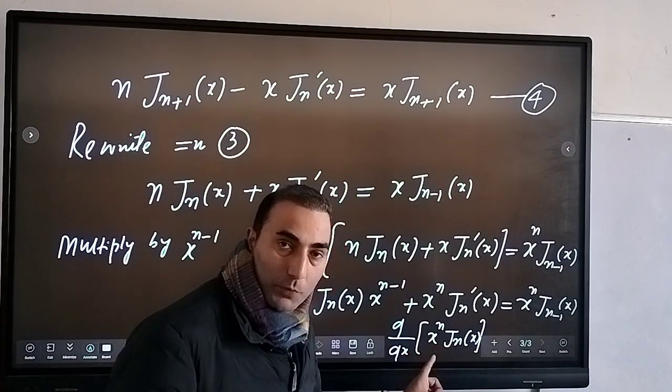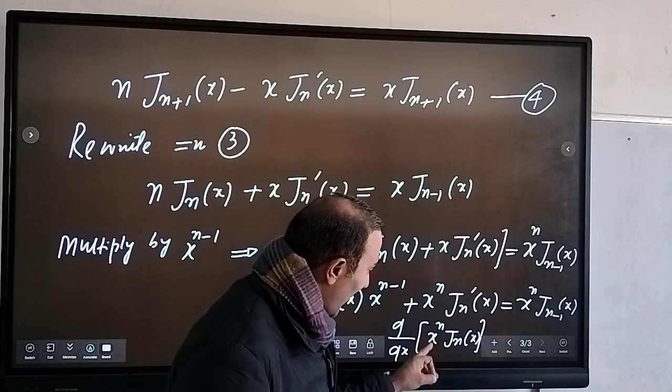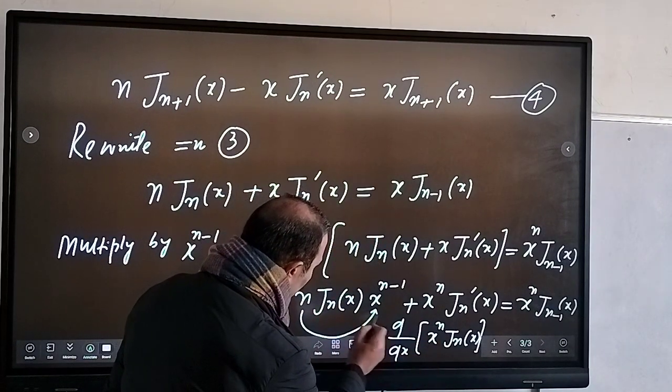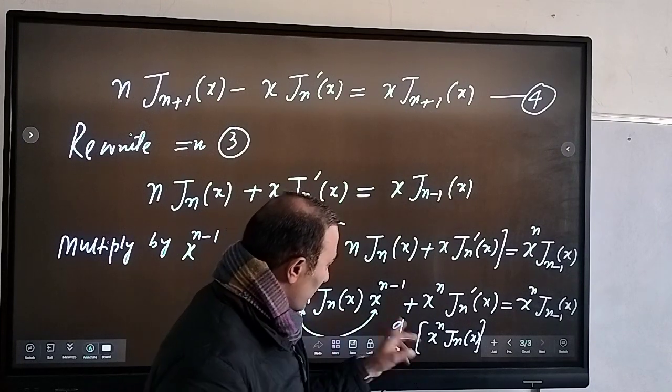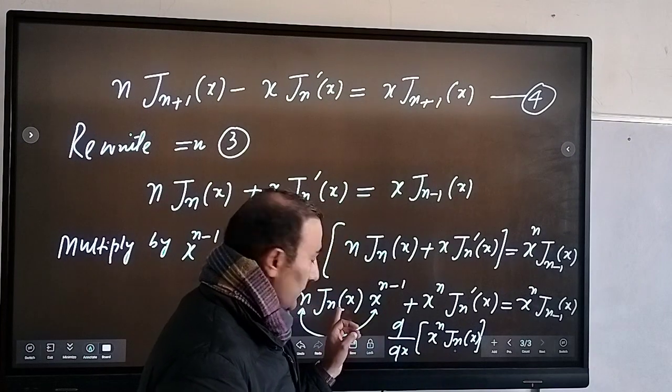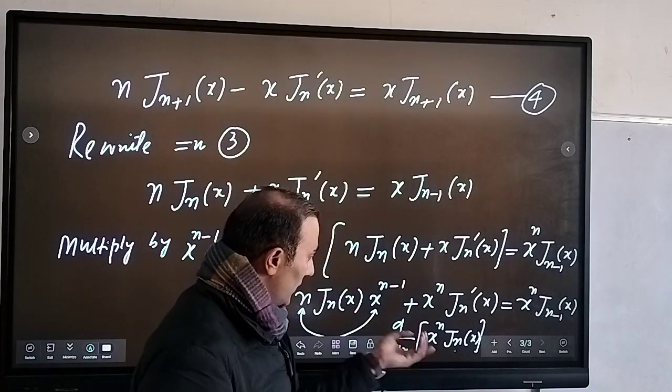When we differentiate x raised power n, it will be n x raised power n minus 1, so that is this term, n x raised power n minus 1. The Jn of x will be the same. So this is our first term from here.